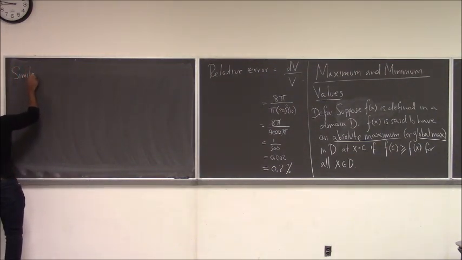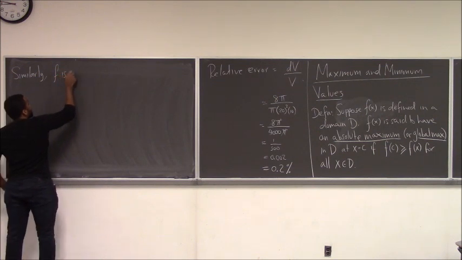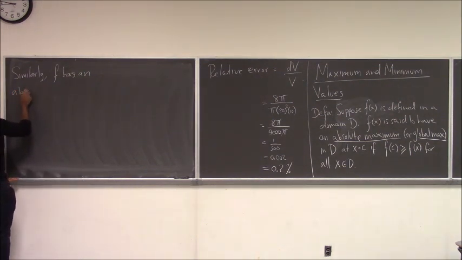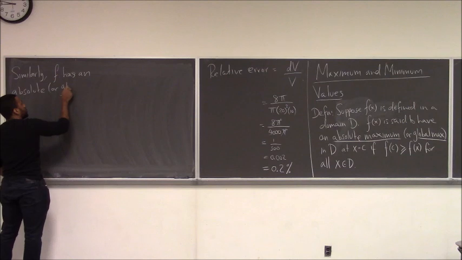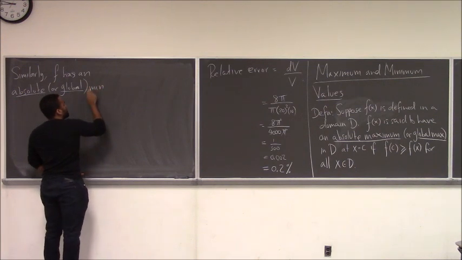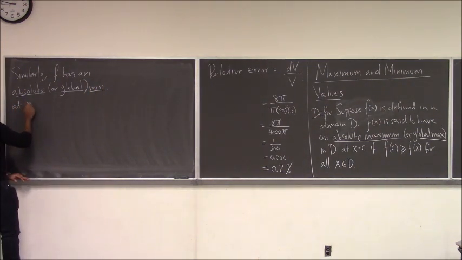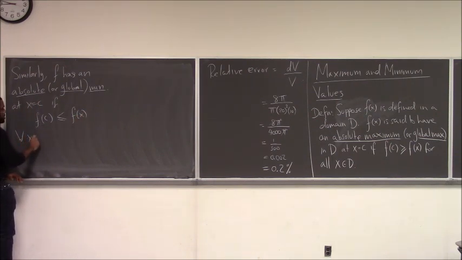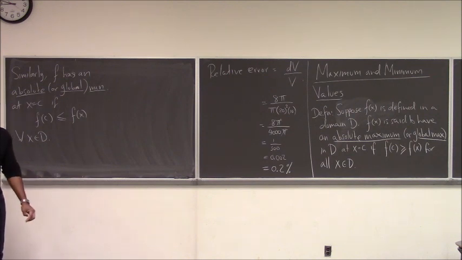Similarly, f has an absolute or global minimum at x equals c if that value is less than or equal to f of x for all x in D. So if you look at the entire domain of this function, if you can find some y value that's larger than everyone, we call that the global maximum.